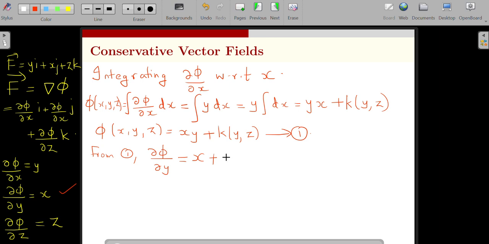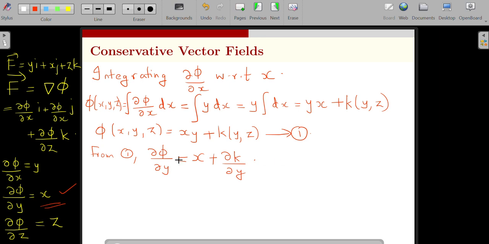So what will be the partial derivative of this particular term? This k of yz with respect to y will be dou k by dou y. So you obtain that dou phi by dou y is equal to x plus dou k by dou y, but we already know that dou phi by dou y equals x.